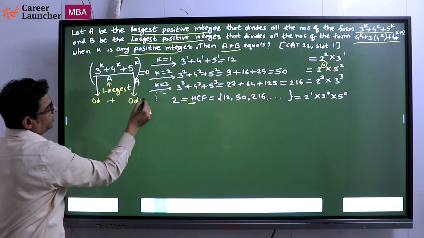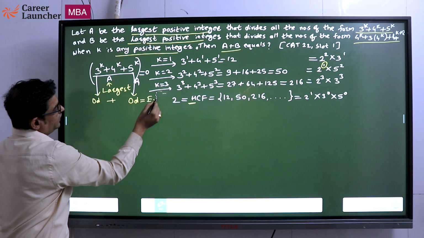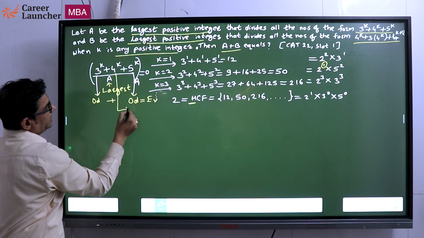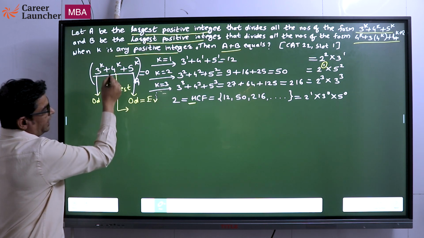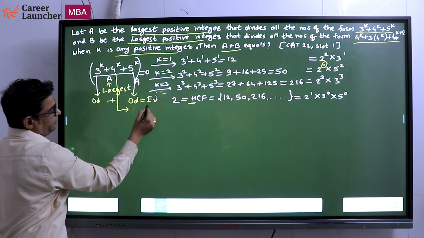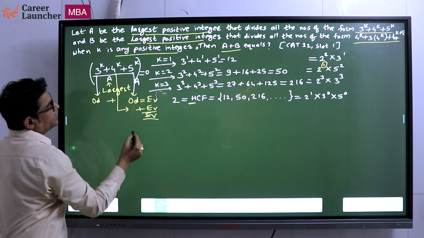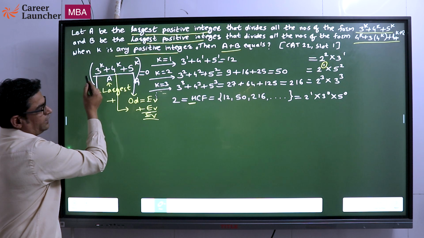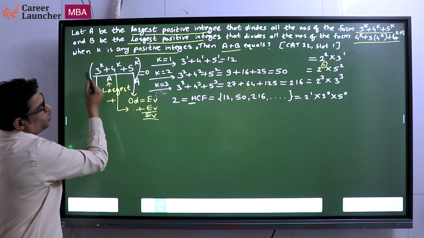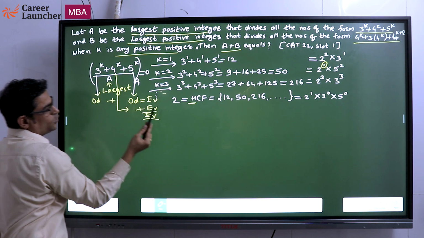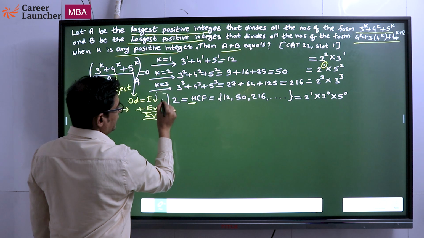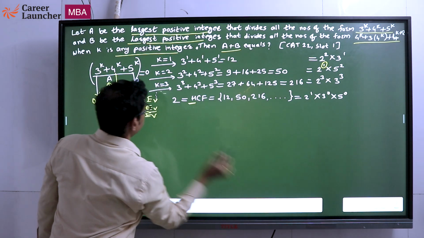The summation of 2 odd numbers must be even. 4 power k is an even number, and any power of an even number must be even. So even plus even must always be even. So if I get the numerator as even, then I am surely able to divide it by 2. So I get the value of A as 2.